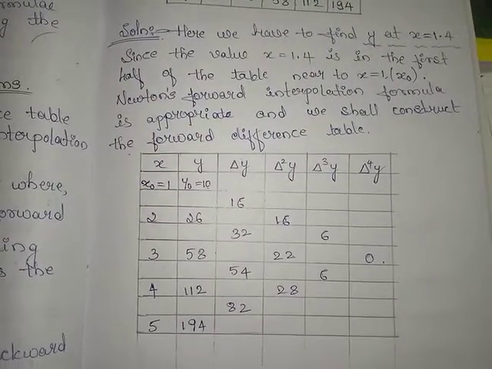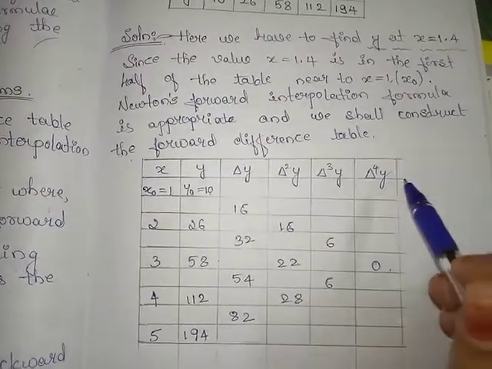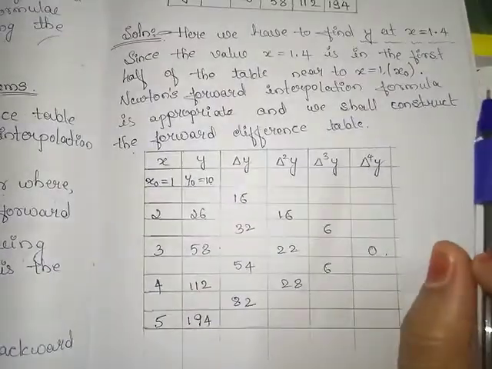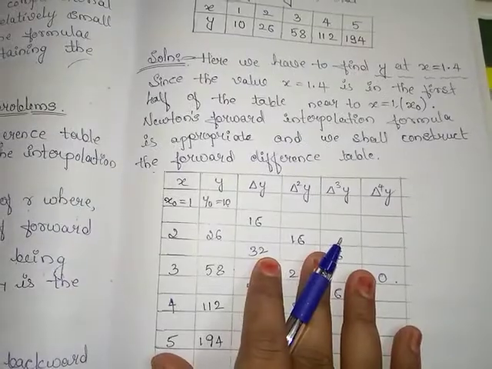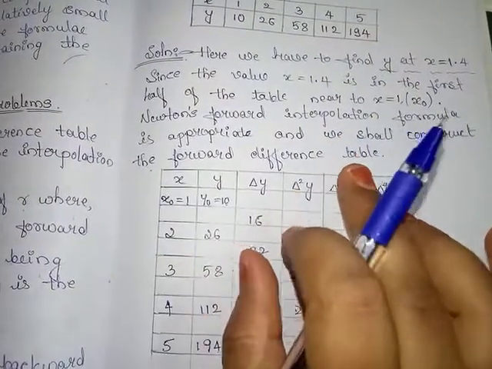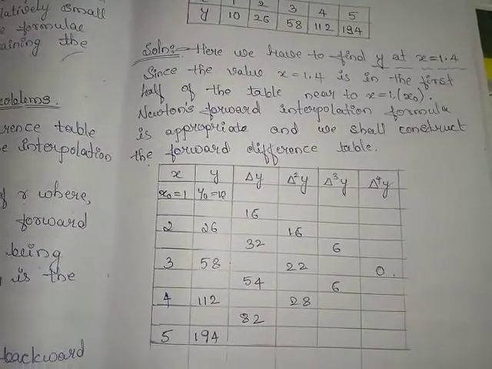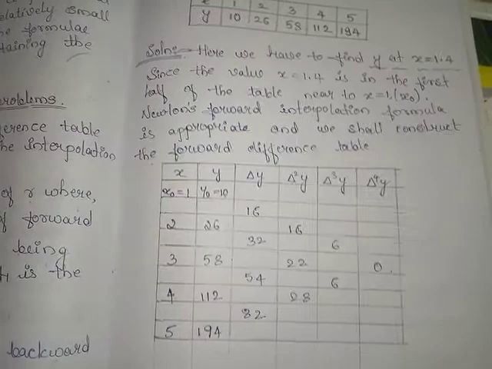First step is over. First step is what? We have to construct the difference table, and also identify which interpolation formula is appropriate for this given example. This is the difference table, and here we have to apply the forward interpolation formula because our desired x value lies in the first half.